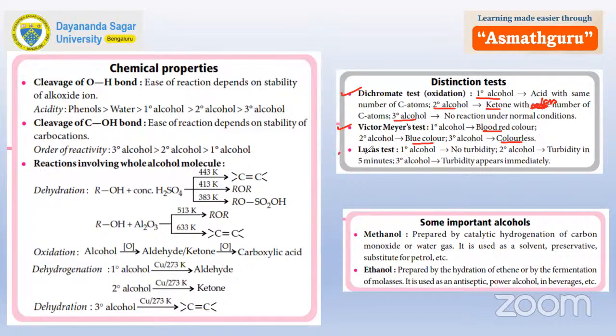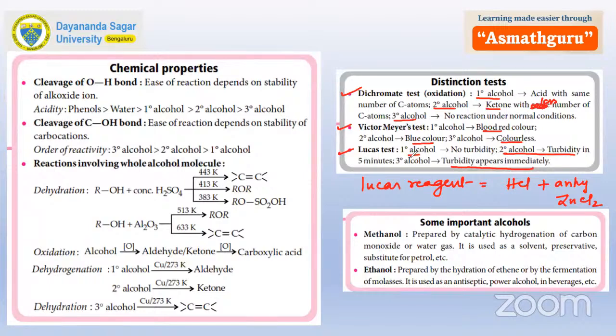Come to the Lucas test. What is the Lucas test? Where we are using Lucas reagent. What is Lucas reagent? HCl and anhydrous zinc chloride. When you add this reagent to the alcohol, tertiary alcohol gives turbidity immediately, whereas secondary alcohol gives it after 5 minutes.